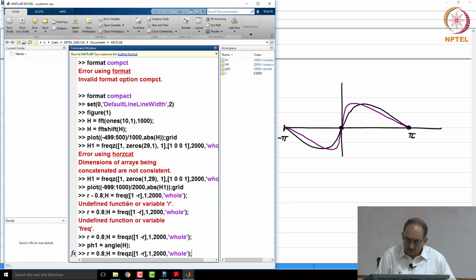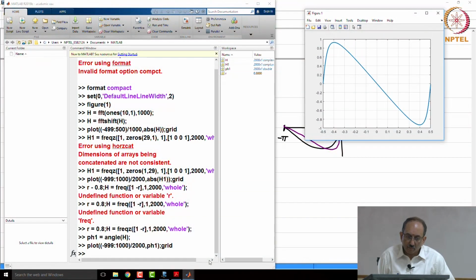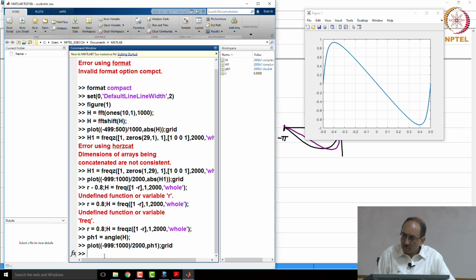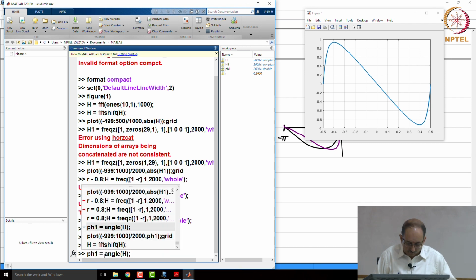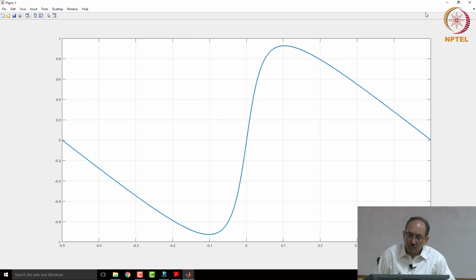Now, let me just plot this. So, now it is the more familiar picture which I had drawn by hand.